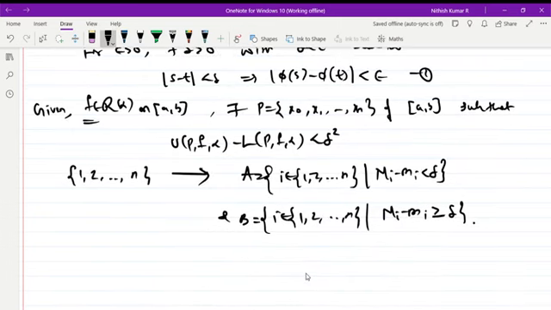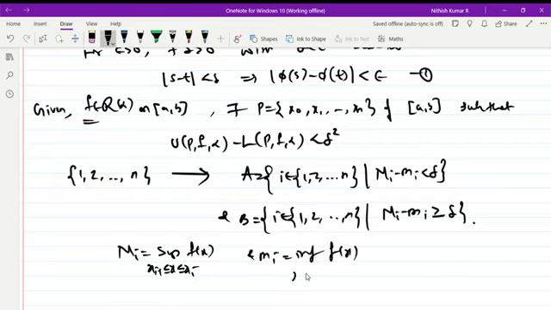Now, as you know, Mi is the supremum of f of x where x(i-1) is less than or equal to x less than or equal to xi, and small mi is the infimum of f of x over the same interval, for all i.